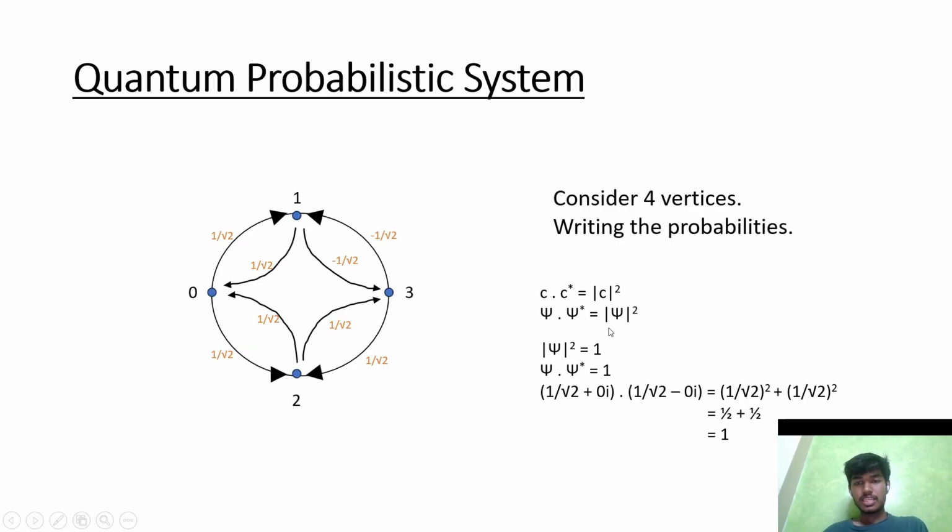So from this equation, we get psi into psi conjugate equals 1. Now, when we take this particular complex number and multiply it, this is its mod square. So it's going to be half plus half, which is equal to 1. Thus, this is the complex number that we want to take for the probability. It's basically 1 by root 2 plus 0 iota. I have not written 0 iota there because there's no need.